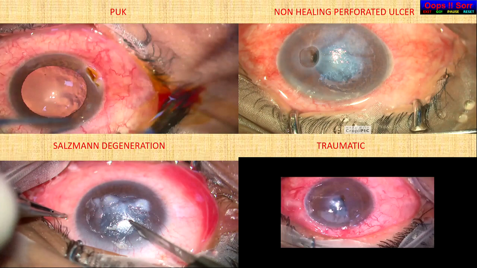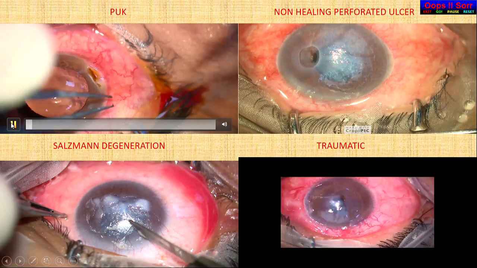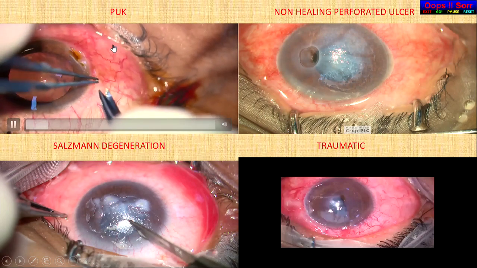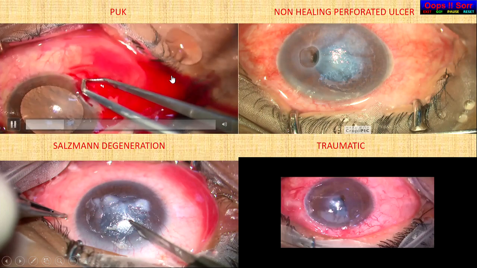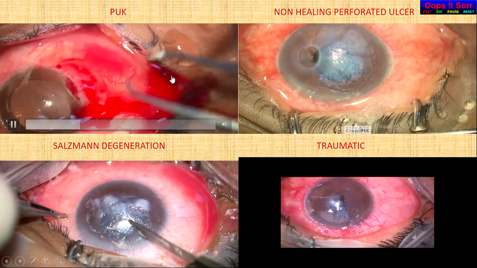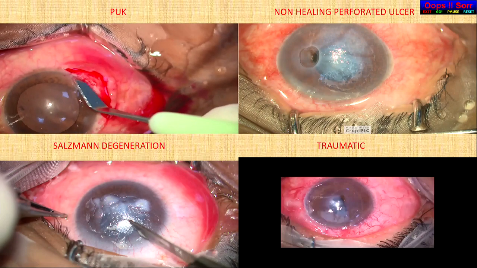These are some more ulcers you can see here. This is a PUK, small, and a small lenticule can be cut and given a smooth surface.